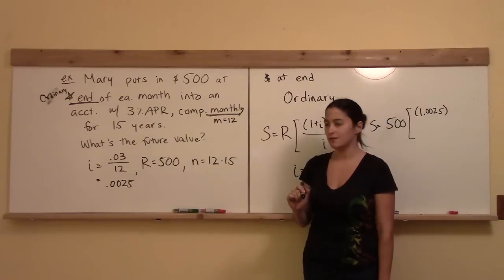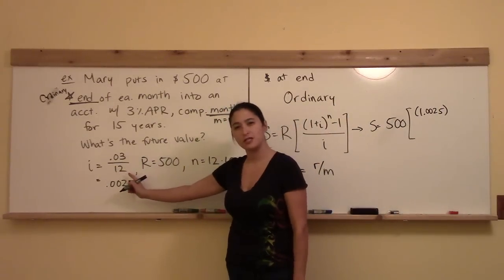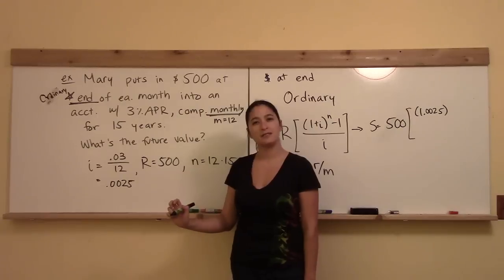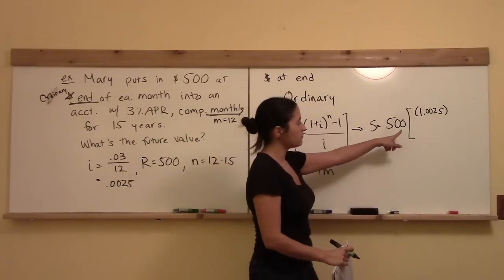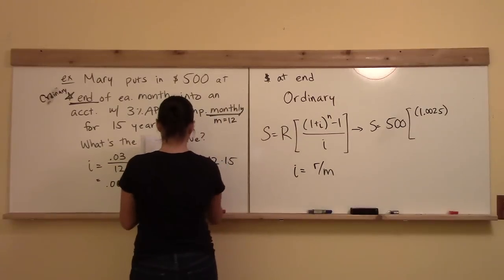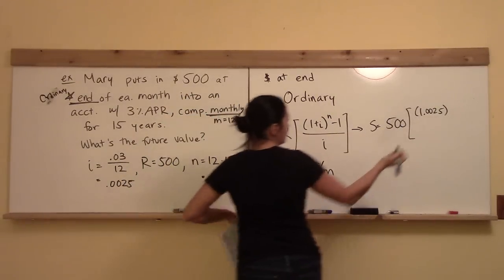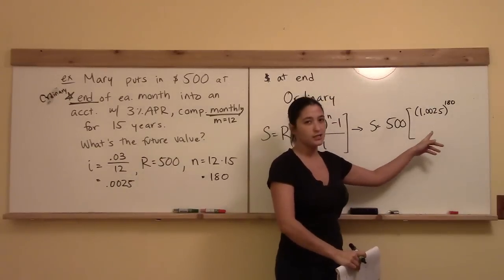And I highly recommend in that case of a repeating decimal to leave it as a fraction and do not approximate it by a decimal because the round-off error is going to be huge. It's a major round-off error because you're raising this to the nth power, and here 12 times 15, that's 180. Notice this. I'm raising that base to the 180th power.